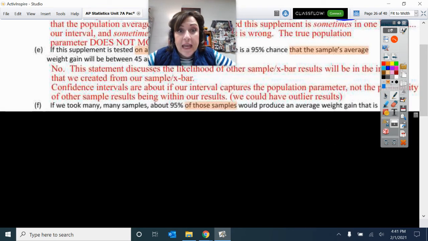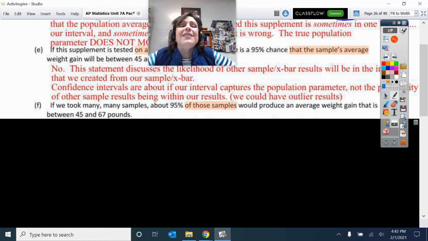If we took many, many samples, I'm liking this so far. That starts off sounding like the confidence level. About 95%, oh, they ruined it, of those samples would produce an X bar. Hold on. Wait. Would produce an X bar that contains, okay. If they had said 95% of those samples will make an interval that will contain the true P or the true parameter, that'd be good.